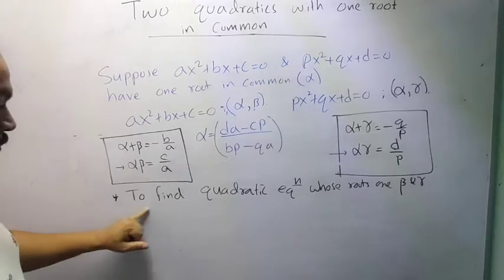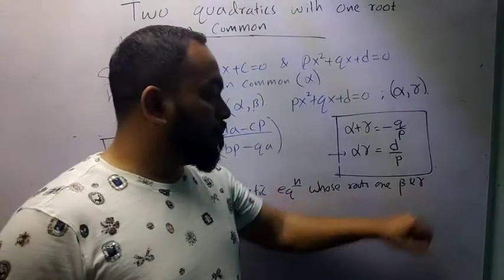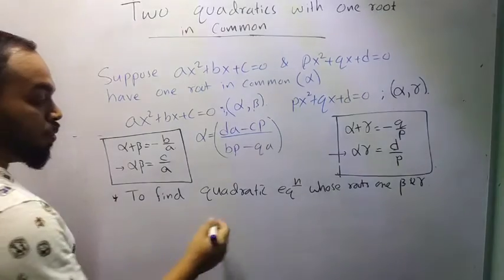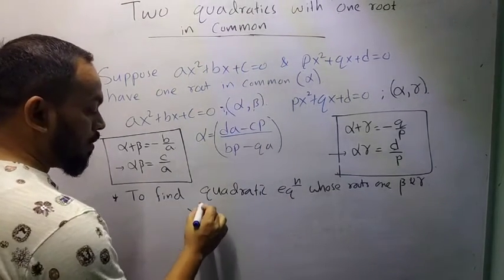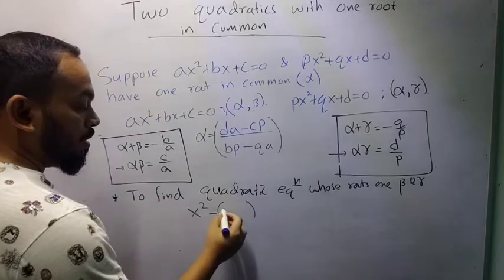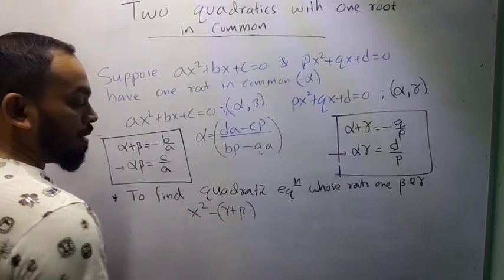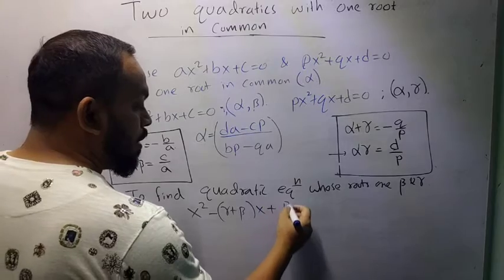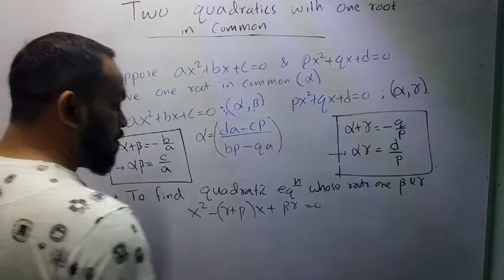Right. So to find the quadratic equation whose roots are beta and gamma, you know that given two roots, we can just write the quadratic equation like this: x squared minus the addition of the roots, gamma plus beta or beta plus gamma, times x plus the multiplication beta into gamma equals 0.